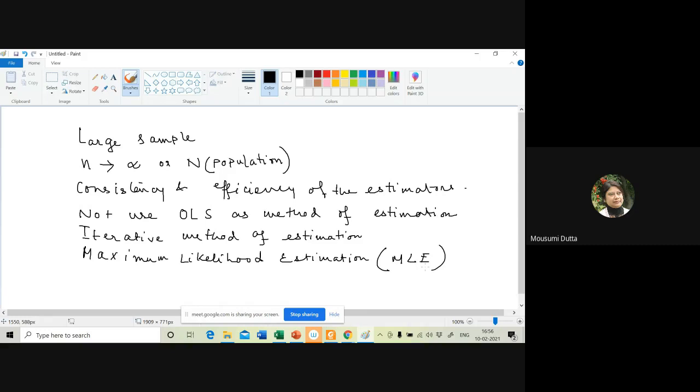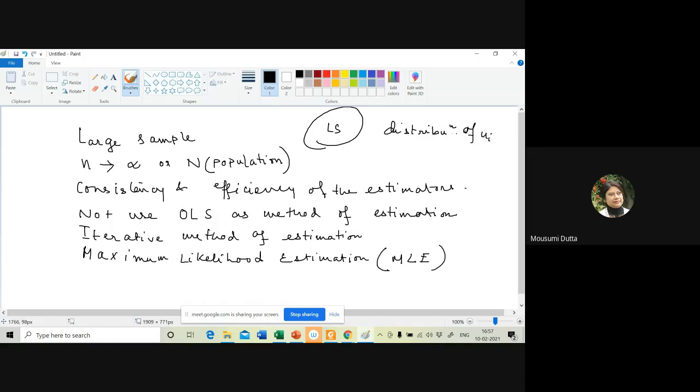Now, in case of least square technique, we do not need to know the distribution of the error terms. When we want to apply the least square technique, we don't need any information on the distribution of u_i, the error term.